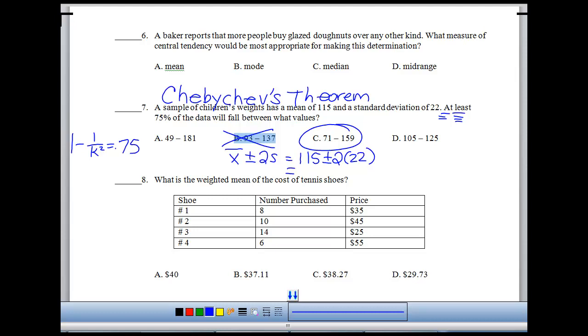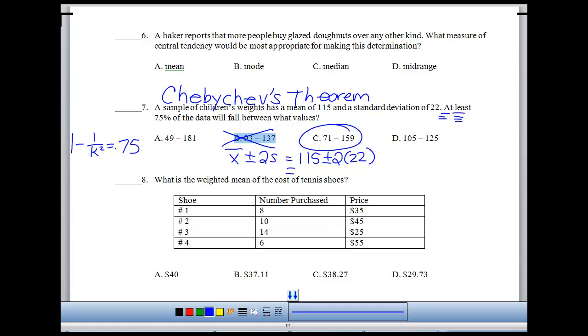Okay. What about Ms. Guerrero? Can you help her? How do we find the weighted mean? No? Oh my goodness. Okay, Anissa Harlan? Oh, Lord, no. Okay, real quick.